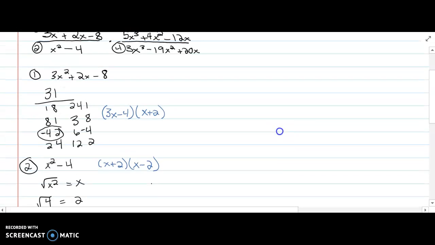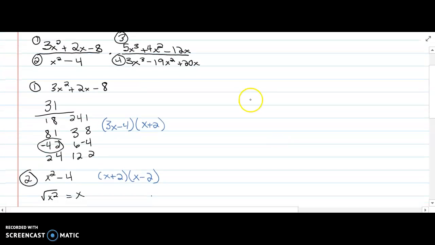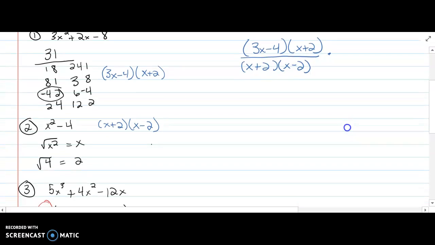Okay, now that I have everything factored, I can rewrite my problem. For this first one, we have 3x minus 4, x plus 2 over x plus 2, x minus 2, and we're multiplying.